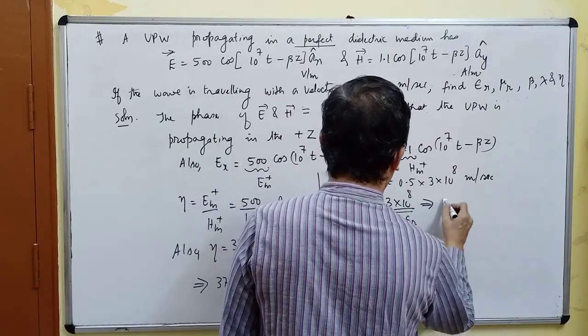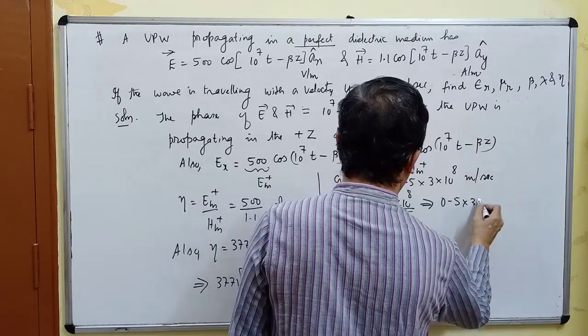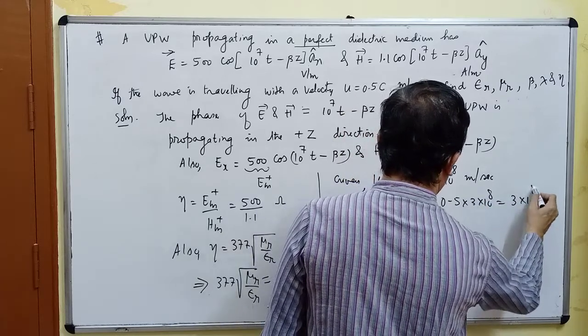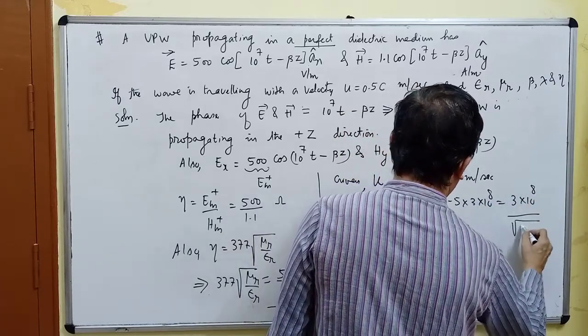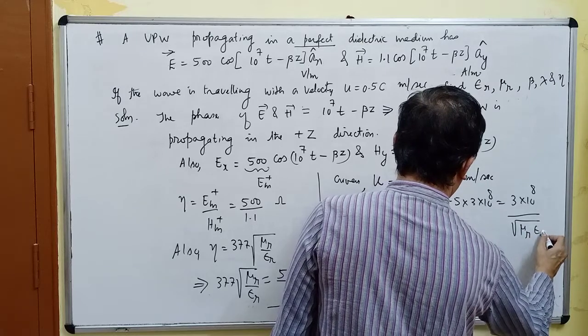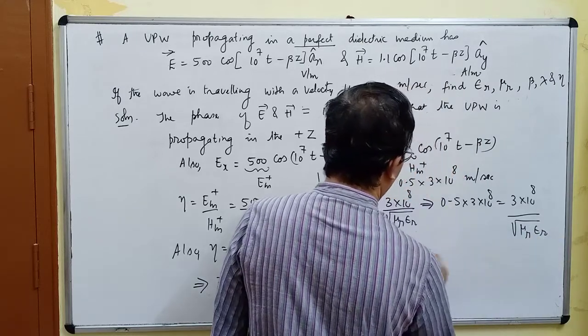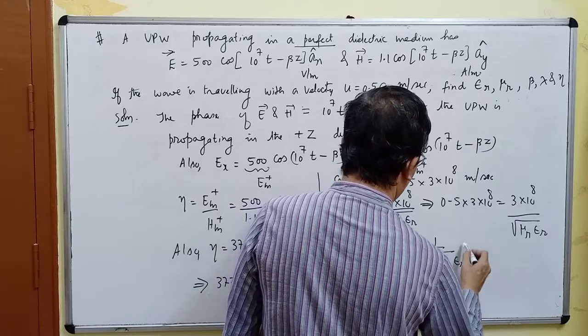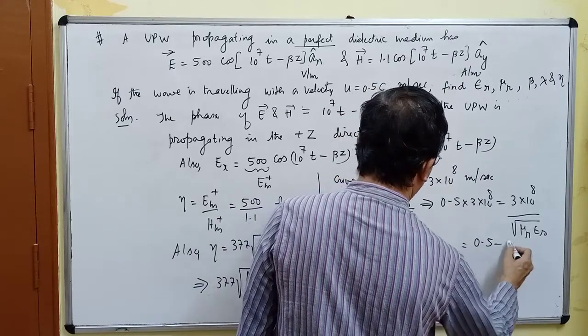This implies 0.5 into 3 into 10 to the power 8 is equal to 3 into 10 to the power 8 by root of mu r into epsilon r. This implies 1 over root of mu r into epsilon r is equal to 0.5.